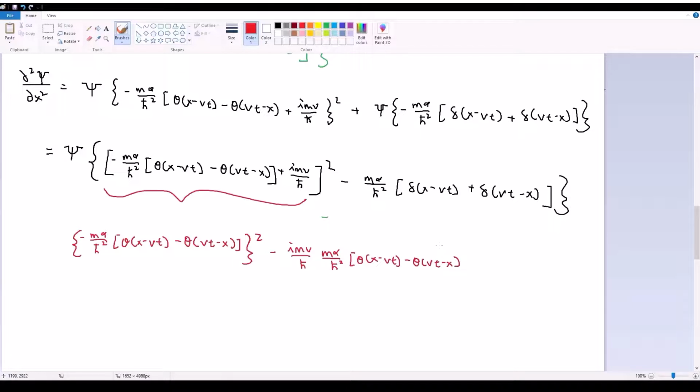And we're doing this twice, so add a 2 at the front, and then finally this final term squared, which is going to be minus m squared v squared over h bar squared.